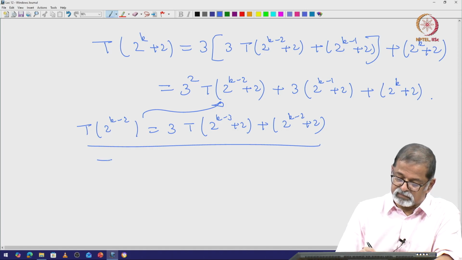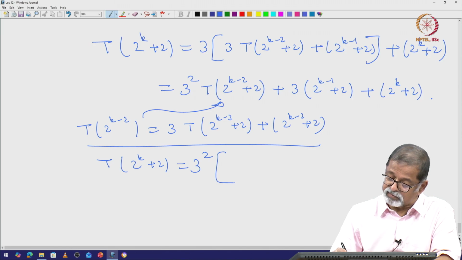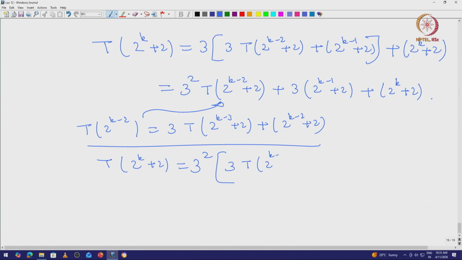Therefore, T of 2 power k plus 2 is 3 square times 3 times T of 2 power k minus 3 plus 2 plus 2 power k minus 2 plus 2 and the other two terms plus 3 times these terms.